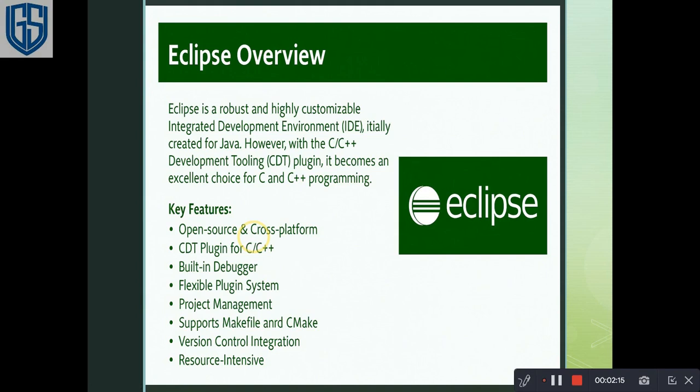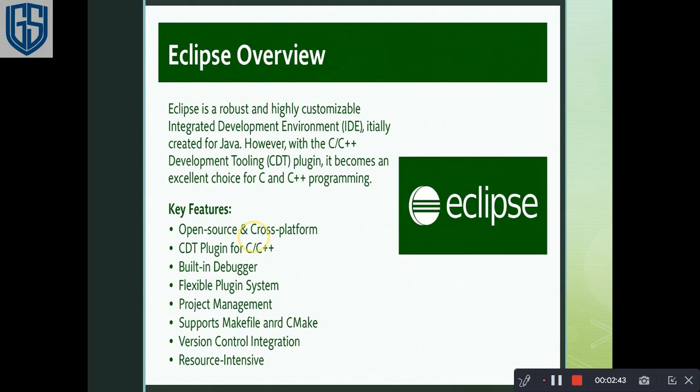We have the CDT plugin for C++ and C, and it has a built-in debugger. A flexible plugin system is there where we can download many plugins. Project management will be there, and we can explore the projects which are present. Large projects we can manage using Eclipse.